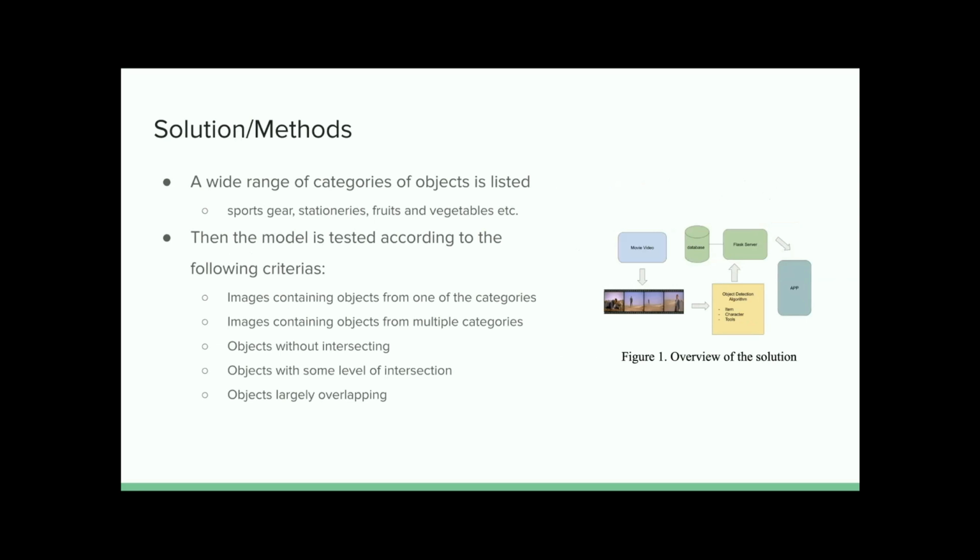Although it's pre-trained, we tested its limits to know more details about it, with things such as sports gear, stationery, fruits, vegetables, etc. Then the model is tested according to different criteria: images with only one type of object, images containing multiple types of objects, and also objects with some level of intersection and almost completely overlapping.